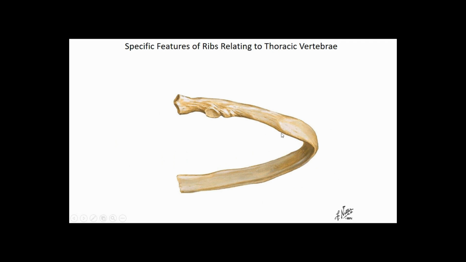So let's talk about the ribs themselves. We're going to have the costal head, kind of an enlarged area that's going to articulate with the vertebral bodies, a narrower costal neck, and then a pretty expanded tubercle, large area for muscle attachment and also with an articulation for that transverse costal facet. Now then, we get to the body of the rib, this long stretched out portion here.